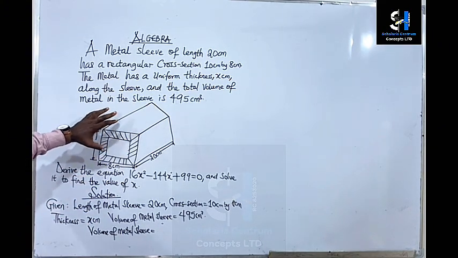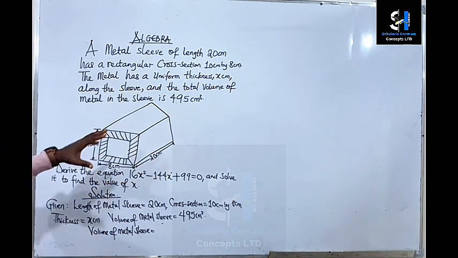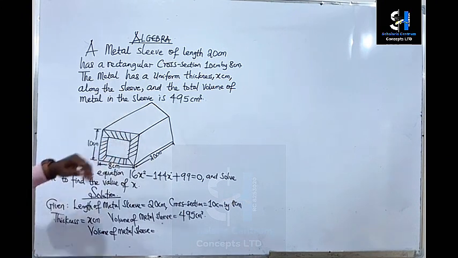This is the metal sleeve, and it has the shape of a rectangular prism, also known as a cuboid.